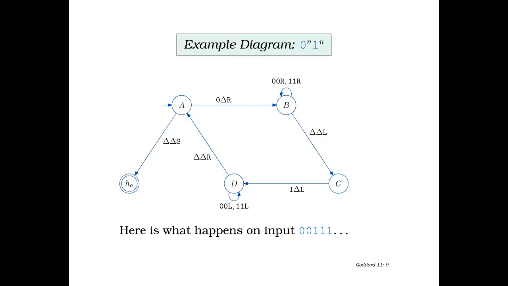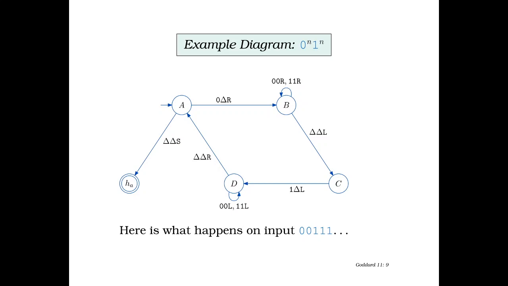Now, likewise, if we're in the B state, we can encounter a 0 or a 1 or a delta. If it's a 0 or 1, the head will move right, but if you get delta, then you move to the left, and so on.